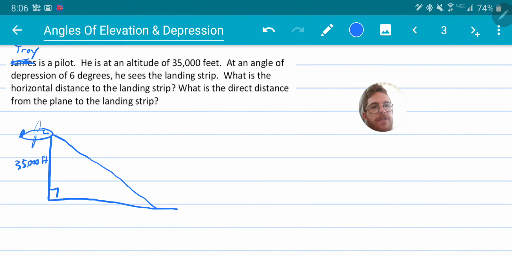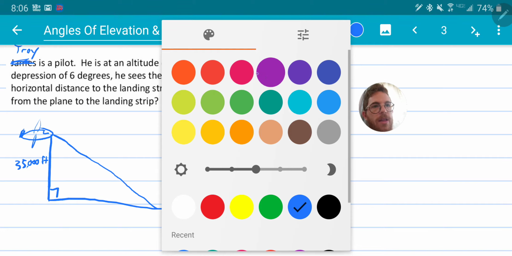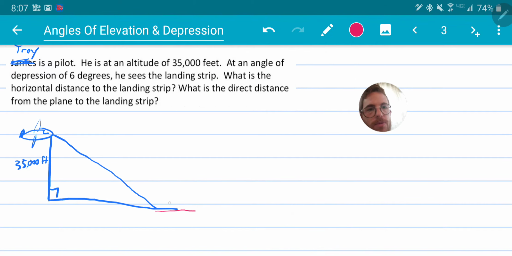Way out here in the distance is a landing strip. Maybe there's a big tower out there to help him land. I've drawn much better landing strips in my day, but it's okay.